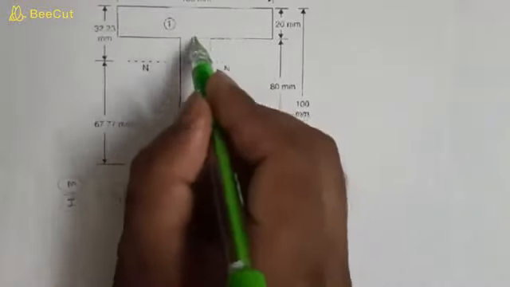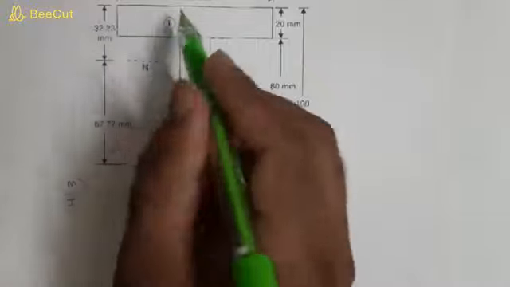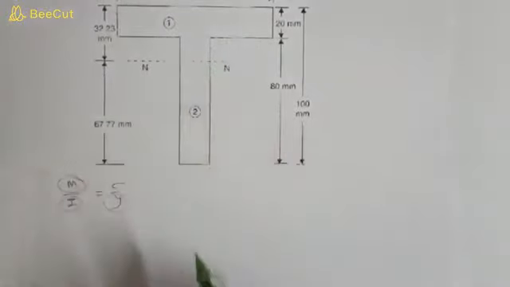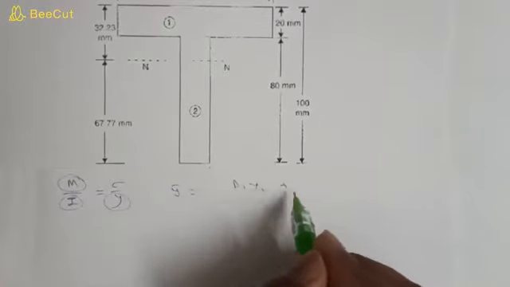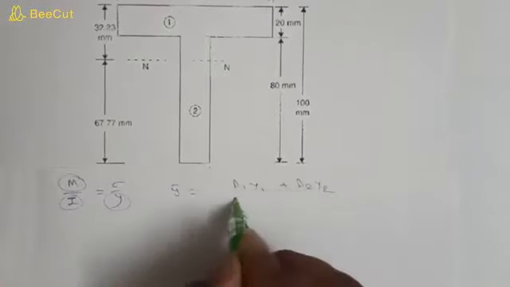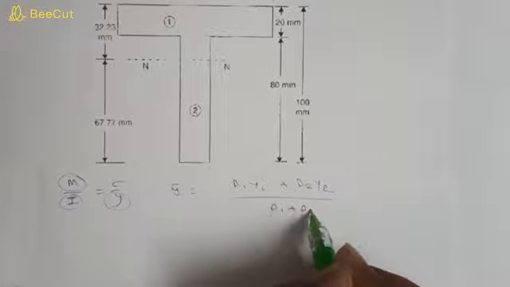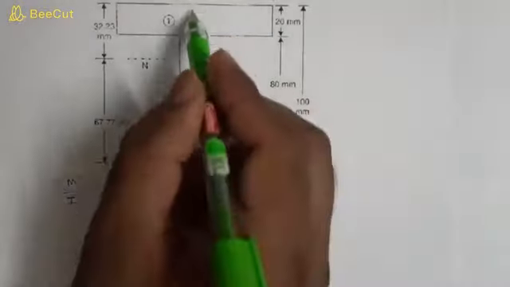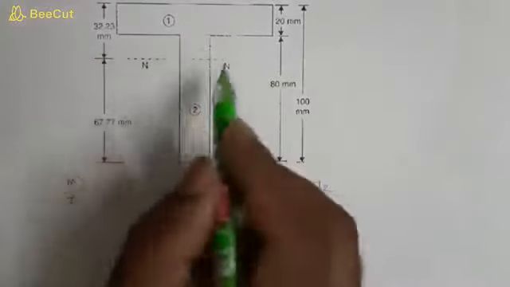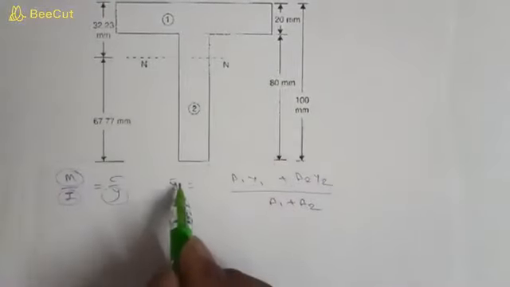Suppose this is section 1 and this is section 2. So y bar is equal to a1 y1 plus a2 y2 divided by a1 plus a2, and x bar will be in between this section because it is symmetrical about the y-axis. So we have to calculate only y bar.